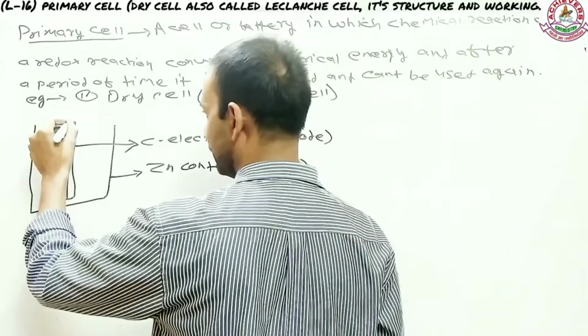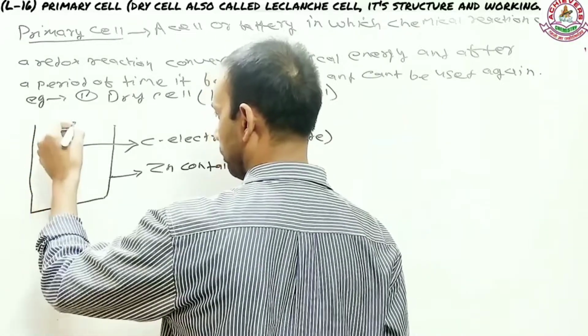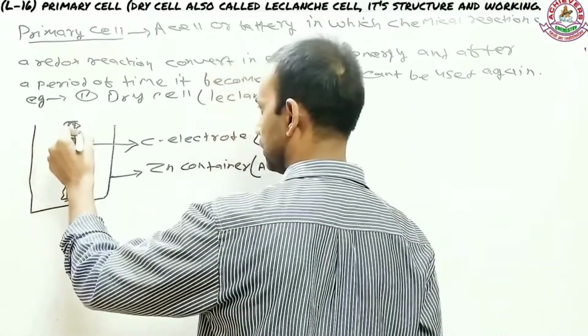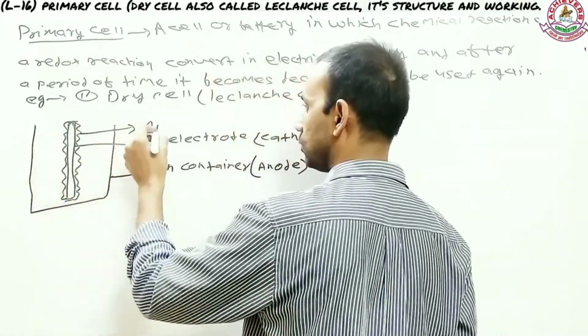But this electrode is surrounded by manganese oxide. So this surrounding is what? Manganese oxide.